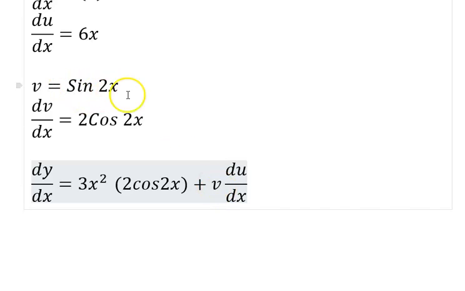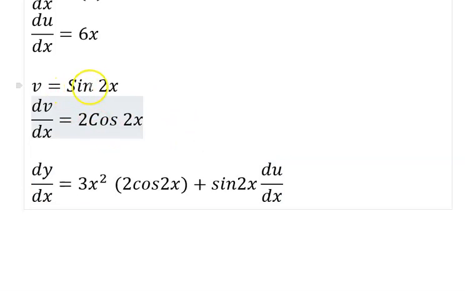This is our v, sine 2x. So what's our du dx? This is our du dx, 6x. So our job is almost done.